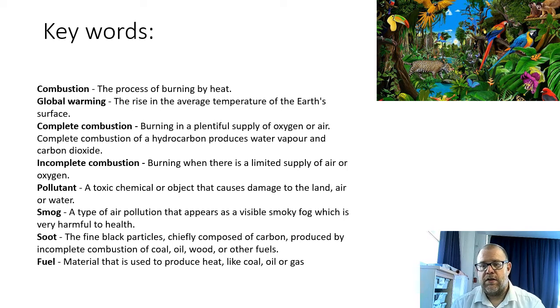Okay, we got water and carbon dioxide released from that. With incomplete combustion, we don't have as much oxygen there. It's limited, and that's when we get carbon monoxide being produced. So we've got pollutant, smog, soot and fuel. Again, like I said, add these please to your glossary in the back of your books.